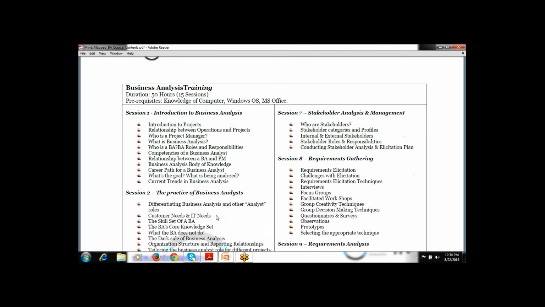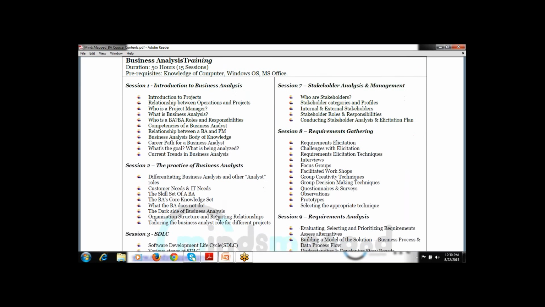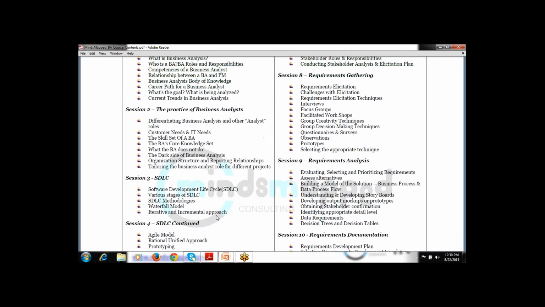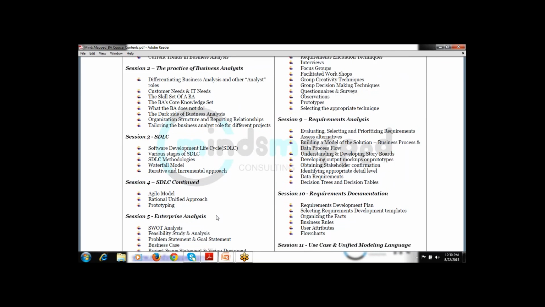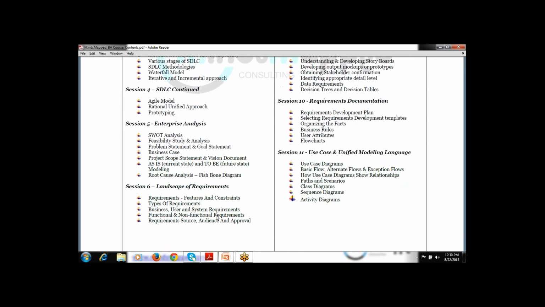So we've completed the session with introduction to projects, and we will be covering the different phases of the software development lifecycle, and the different methodologies that we are going to take, and then what is an enterprise analysis.